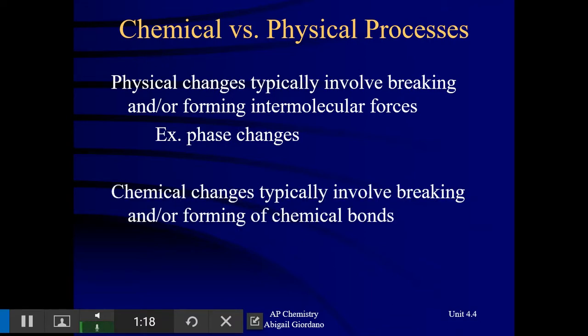Whereas a chemical change involves the breaking and/or forming not of intermolecular forces, but of actual chemical bonds. That could be covalent or ionic, right? Just to give you some examples, a nail, which is mostly made of iron, rusts.